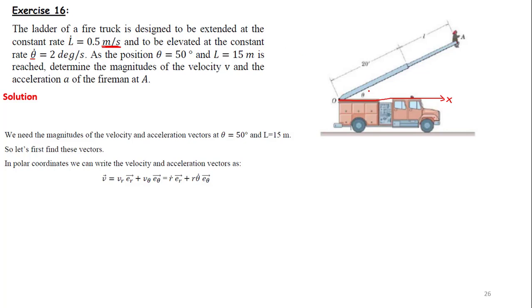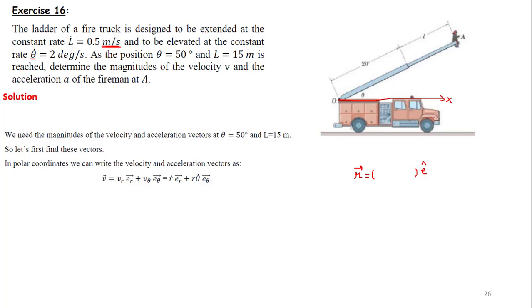Why? Let's write the position vector. So the position vector r, which is equal to OA, is equal to the magnitude of the position vector times a unit vector ER.